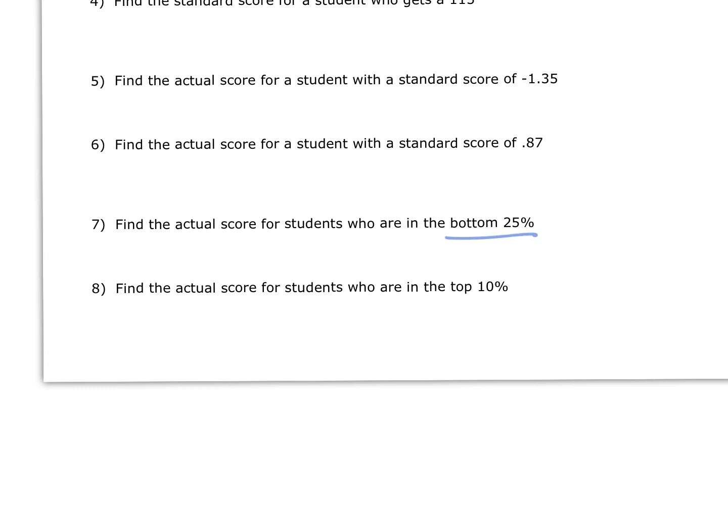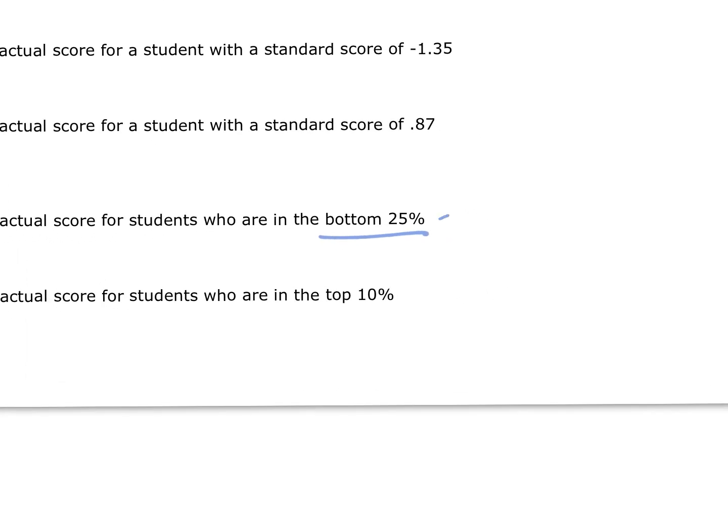You have to find as close as you can to 25% on here. So what z-score is that? Negative 0.67. Guys, does everybody see that?